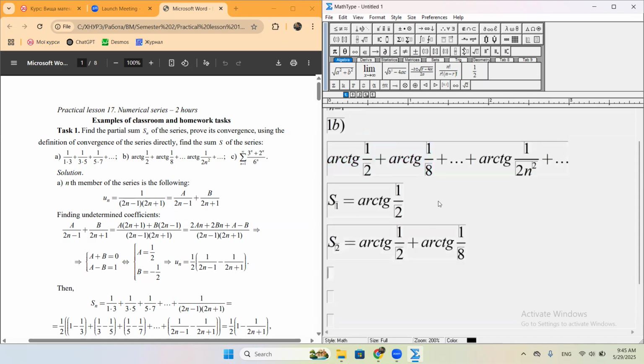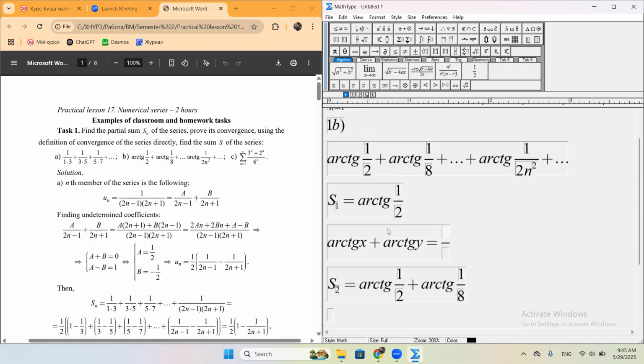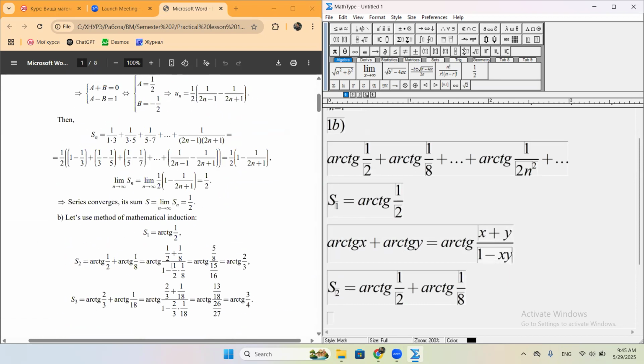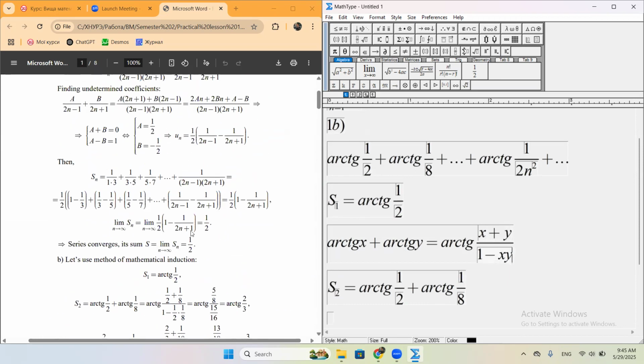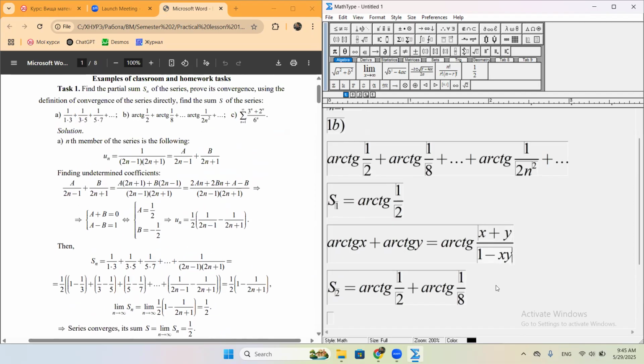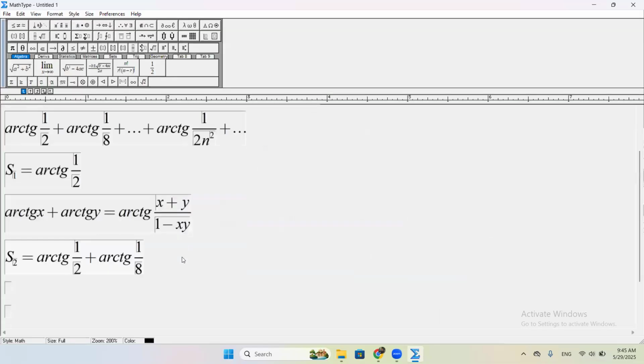And we will use the following formula: arctangent of x plus arctangent of y equals arctangent of (x plus y) over (1 minus xy). So we will use such a formula.